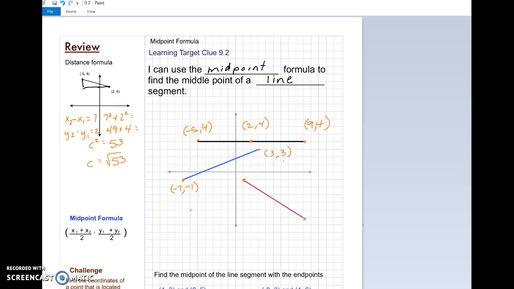Now we have to figure out how to get to the middle of this line. What if we first went to the middle between the two x's? We went from -7 to 3. If we counted over, it's 10, so 5 over would make it. 1, 2, 3, 4, 5. So maybe up here somewhere.